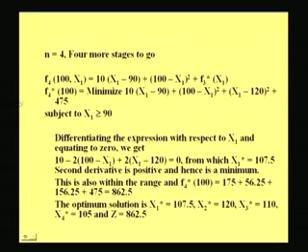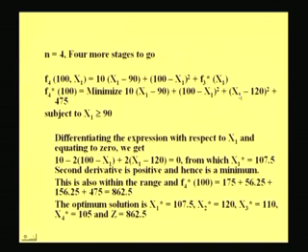Now f4 star of 100 is the best value that this function can take for a given state variable which has a value 100, and that would minimize this function: minimize 10 times x1 minus 90 plus 100 minus x1 the whole square plus x1 minus 120 the whole square plus 475.